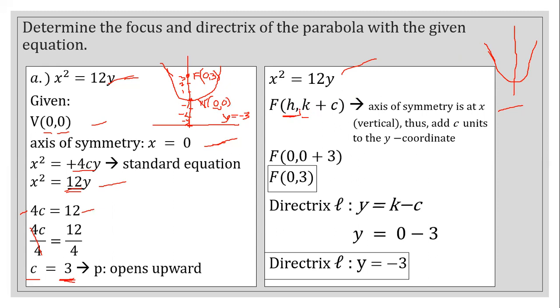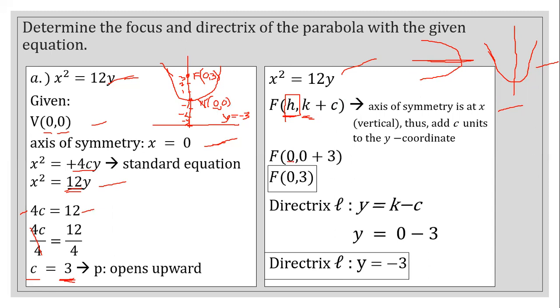the value of h is retained. What we add c to is the y coordinate, or k. But if the axis of symmetry is horizontal, then we add c to h and retain k. Again, the axis of symmetry here is vertical, so we add c to the y coordinate, or k.